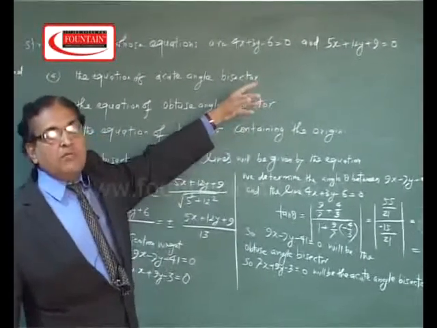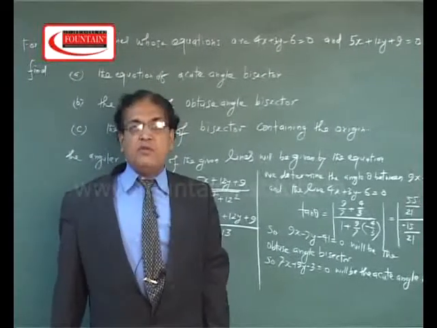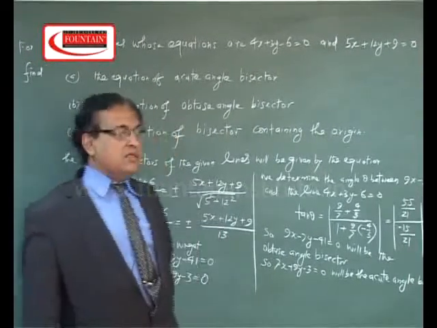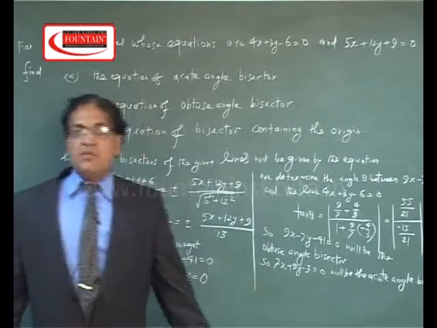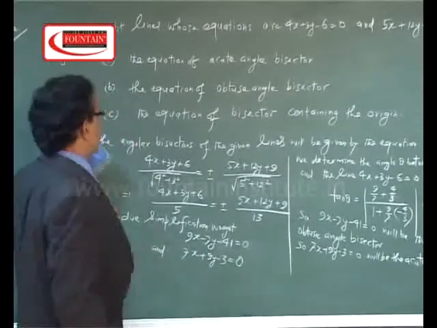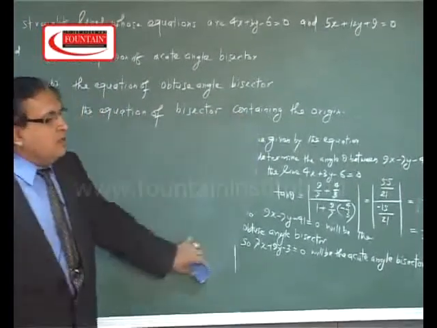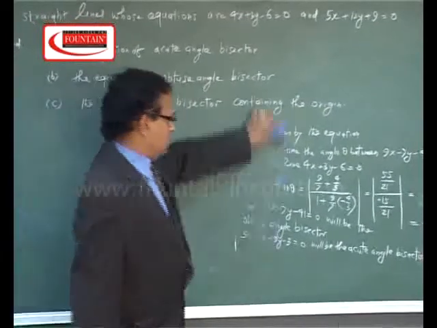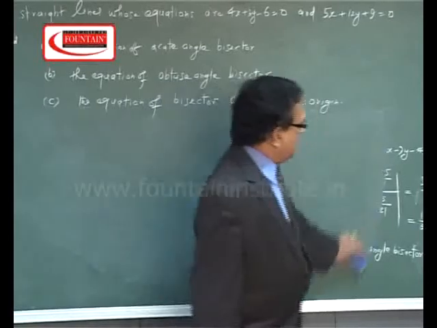The two constants will be positive, and then we determine the equation of the angular bisector by considering the plus sign only. The equation coming out of that will contain the origin like this. First we make both the constants positive. Here one constant is already positive and the other is negative.